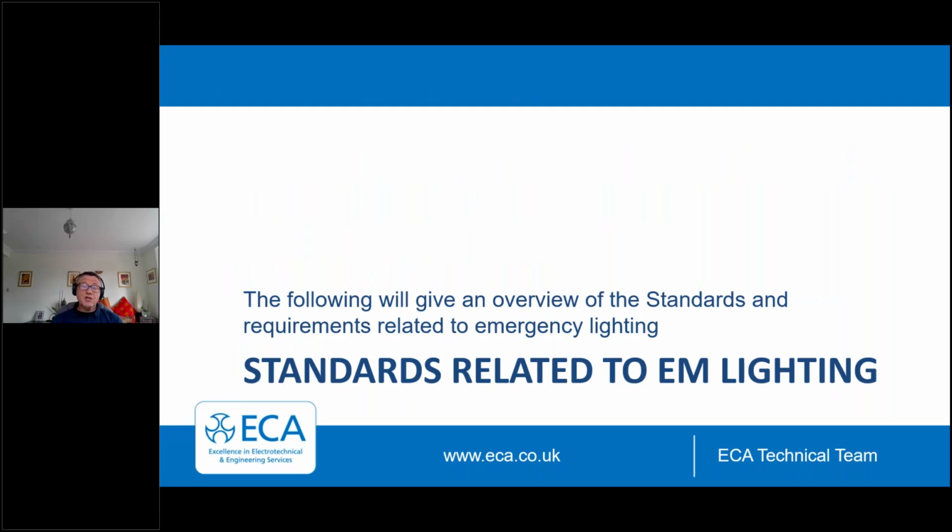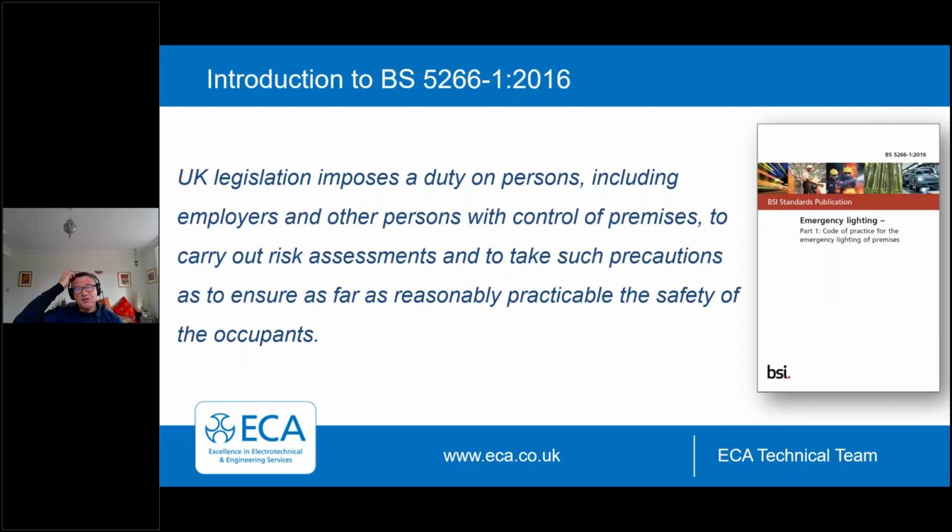So there are, as you can imagine, a number of standards and legislation that apply to emergency lighting. The main one that I'm going to be referring to today is British Standard 5266. And within that document, it tells us that UK legislation does indeed impose a duty on persons, including employers and other persons with control of the premises.